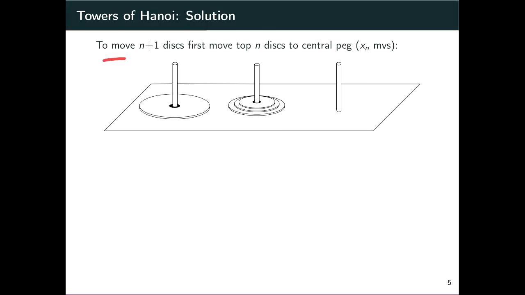So this is what we do here. We want to move n plus 1 disks. The first thing you want to do is move the top n disks over, but instead of moving them to this one here, you want to move them in a way so that you solve the problem, but only by moving them to the second peg.